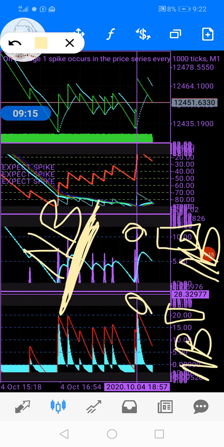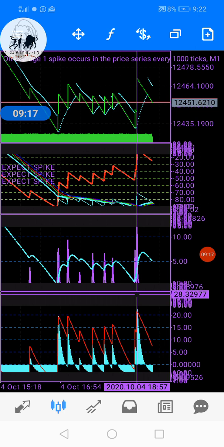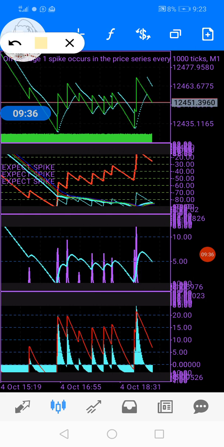Those are the signal strength. They are the ones that will tell you how strong the signal is. You understand? So if you don't get a strong signal, just know that that's a risky trade.